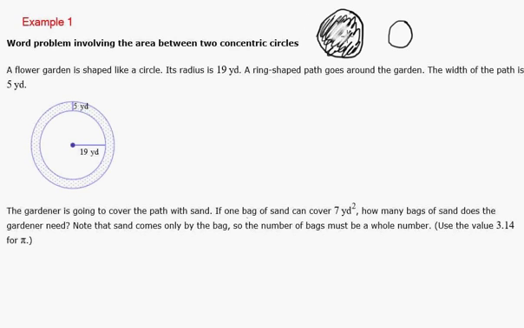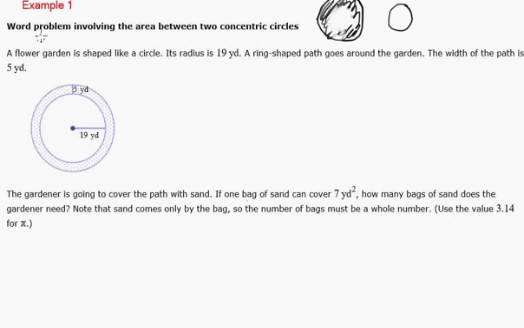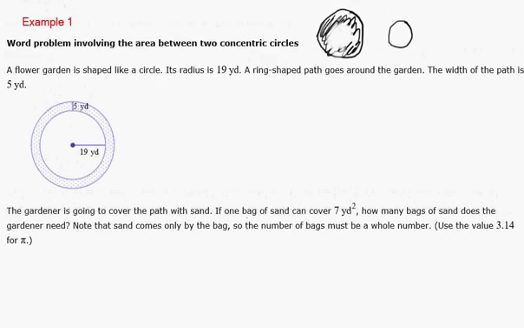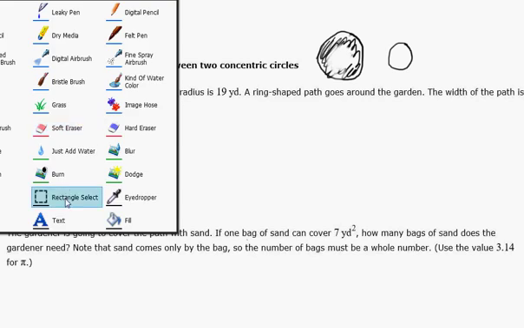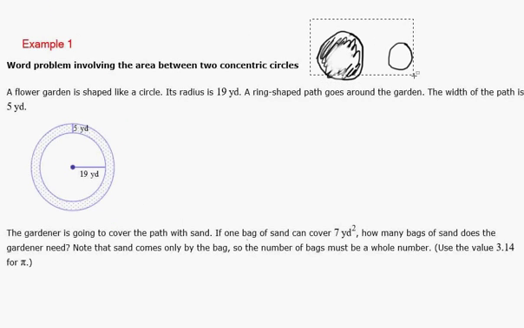What's left is the path. I don't know if that was super helpful, but that's kind of what we're going to do. We're going to find the area of two circles and subtract one from the other.